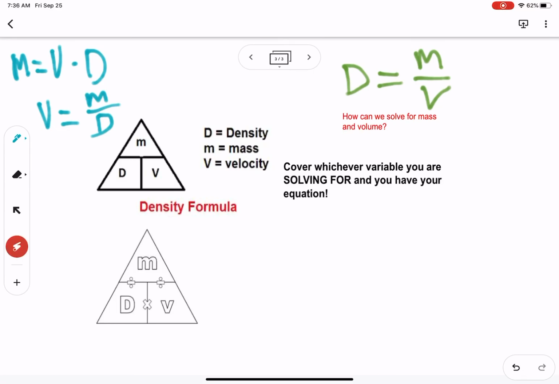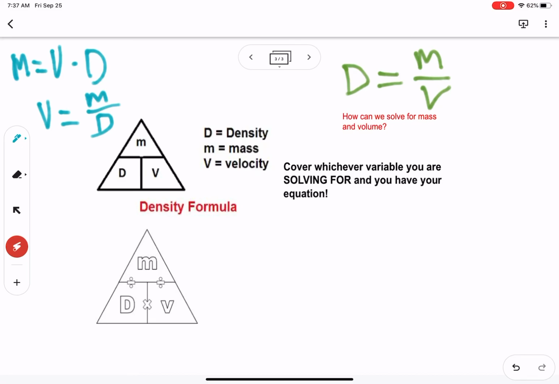So for example, say I wanted to solve for density. If I cover this density right here, what am I left with? I'm left with mass over volume. That's my equation, right? Mass over volume.